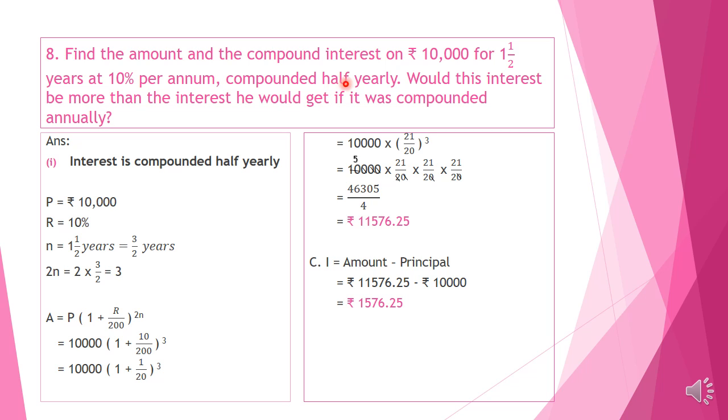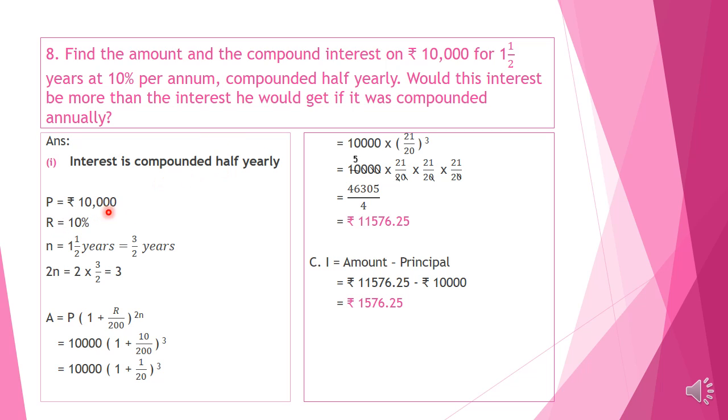So here principal is rupees 10,000 and period is 1.5 years, rate of interest is 10%. Okay children, so first let us find, here asked amount and compound interest we have to find. First we are going to find half year basis. Okay, so interest is compounded half yearly.